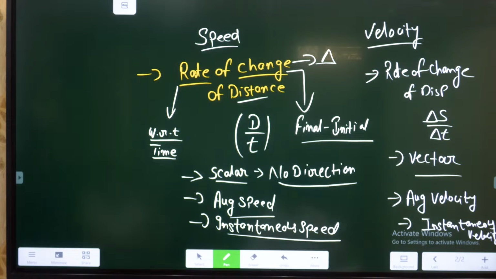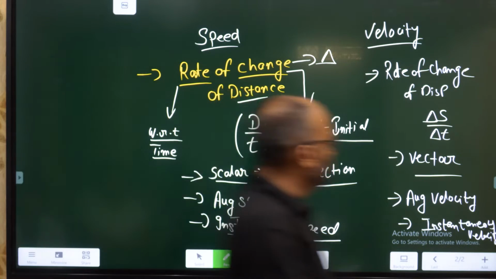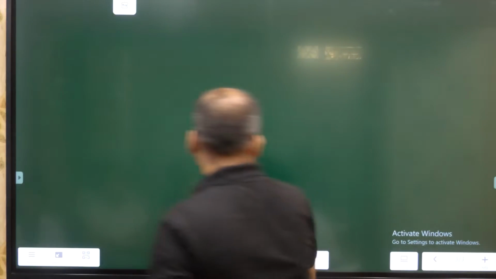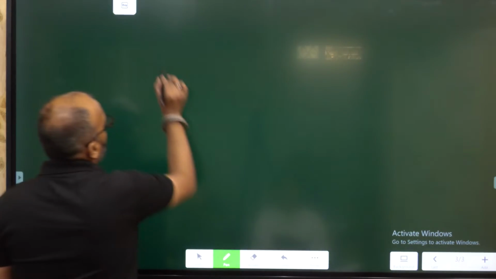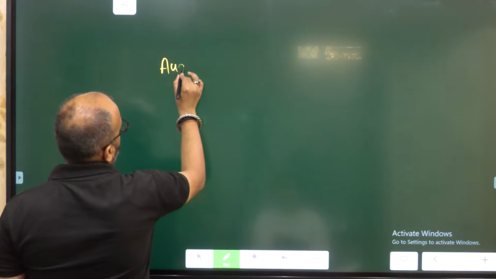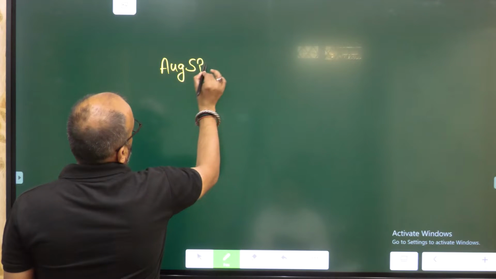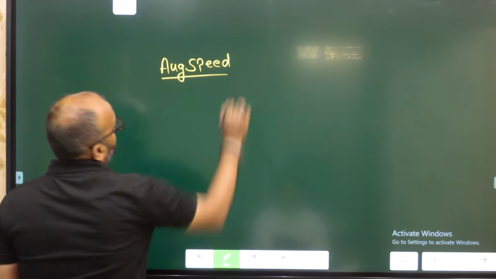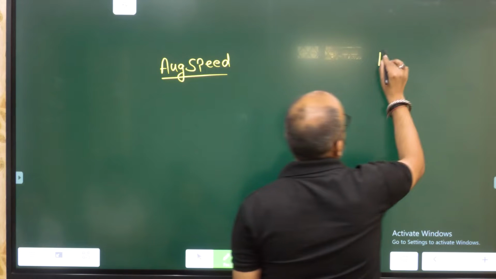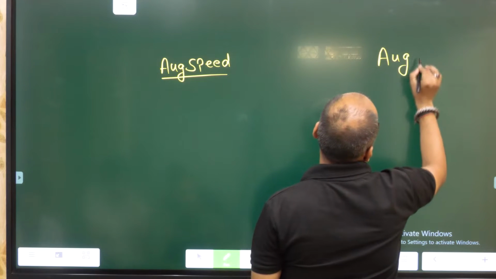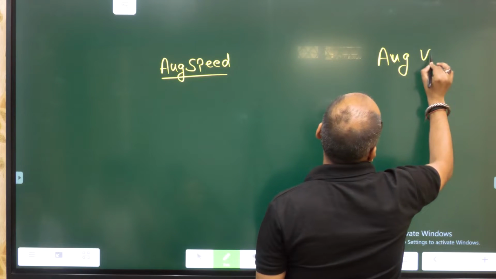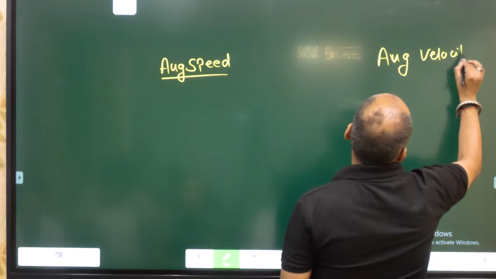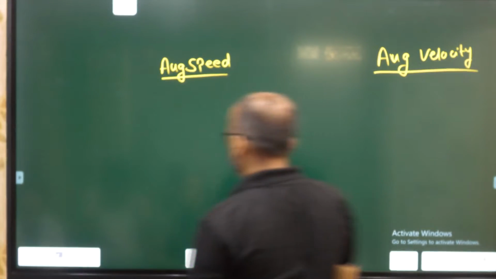Everyone done? Moving on. Average speed and average velocity. So what is average speed?